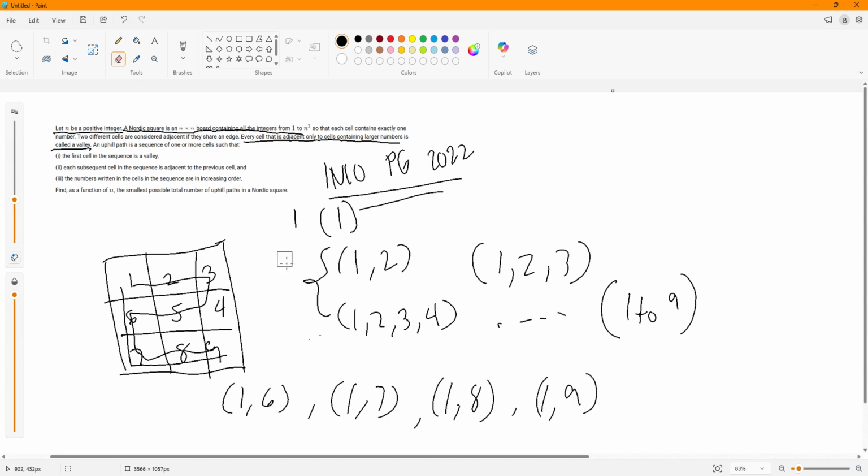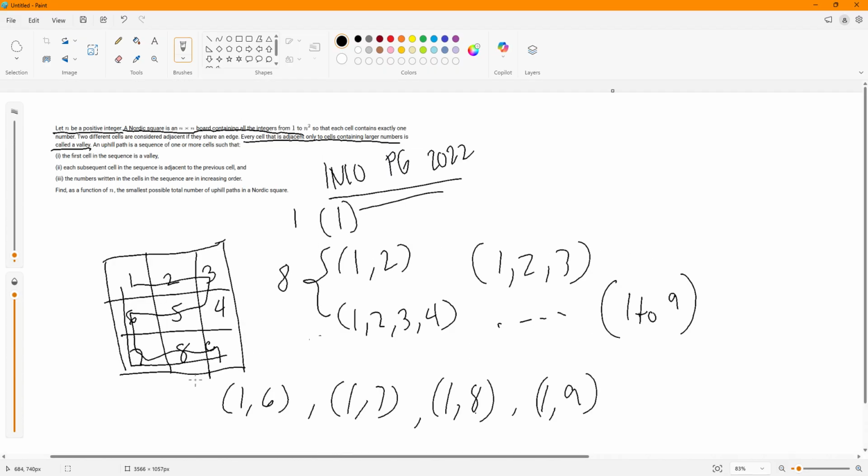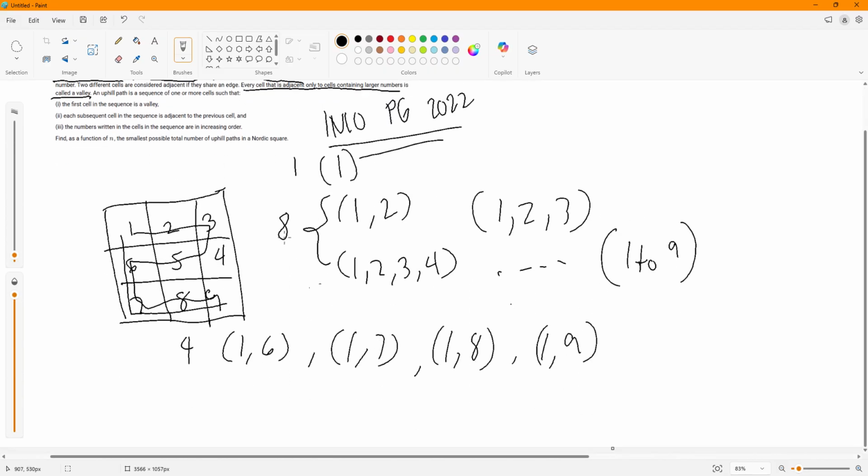I'm gonna discuss the n squared minus one thingy later. Let's count how many ways there are. 1, 8, then 4. There's 12 plus 1. There's 13 ways, or uphill paths. My bad about that. So there's 13.